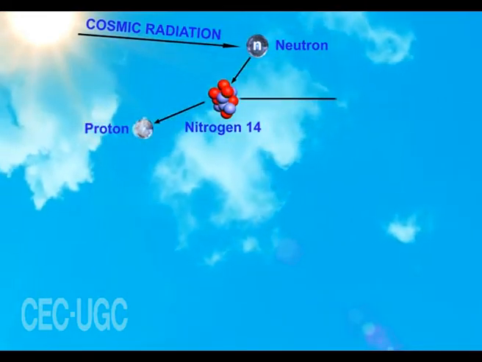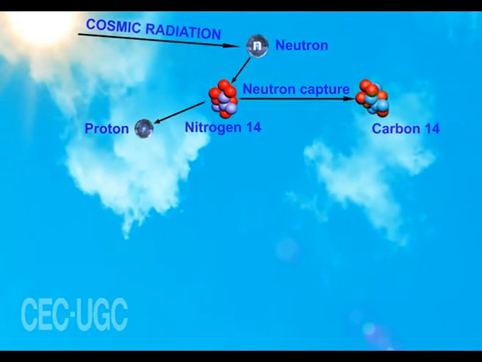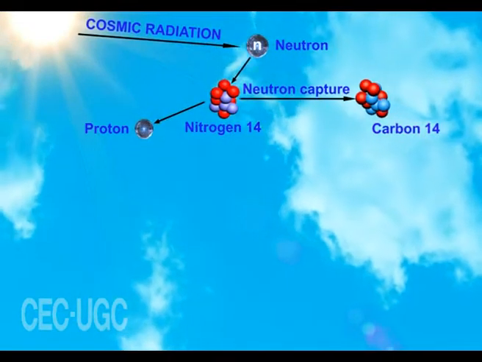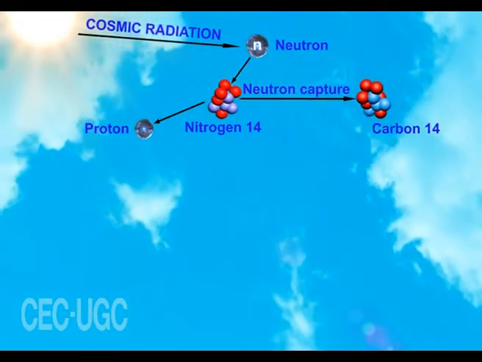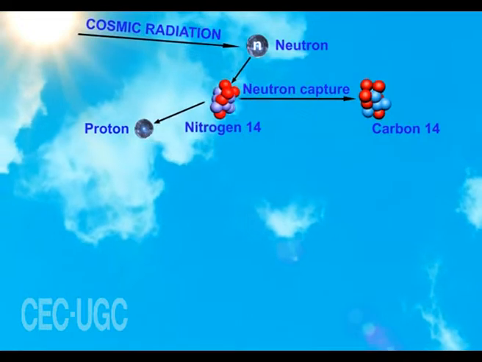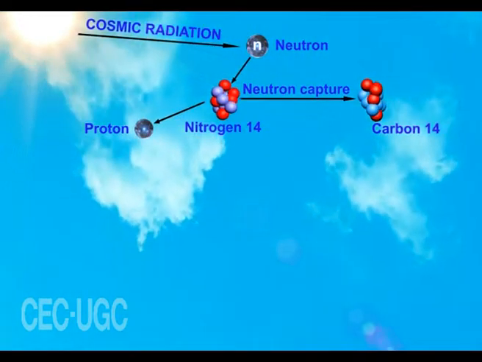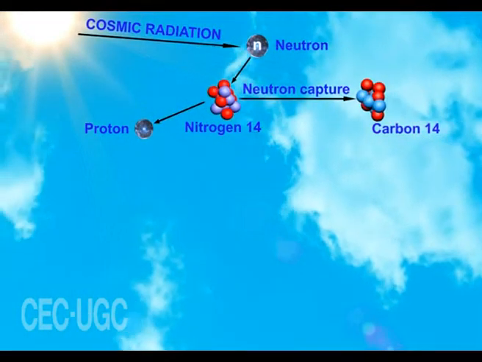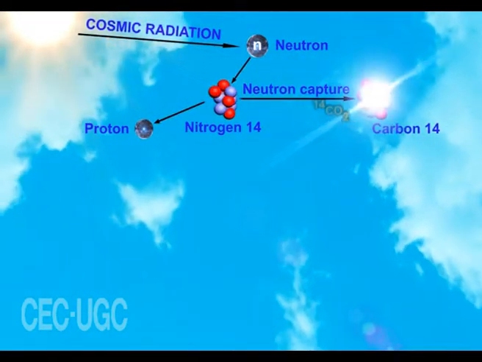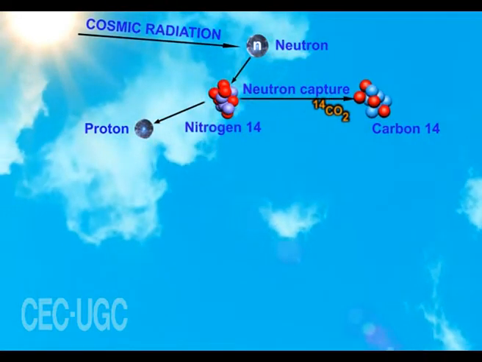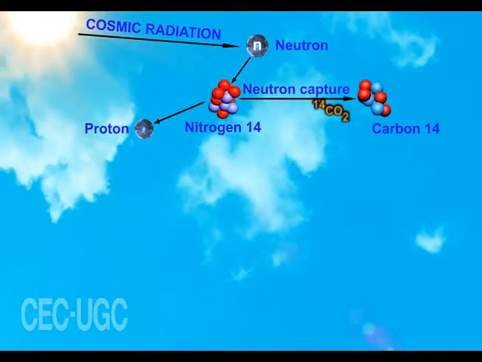Chemically, carbon-14 behaves exactly like ordinary non-radioactive carbon, C12. Therefore, like C12, the C14 atoms readily mix with the oxygen in the Earth's atmosphere and produce radioactive carbon dioxide, C14O2.